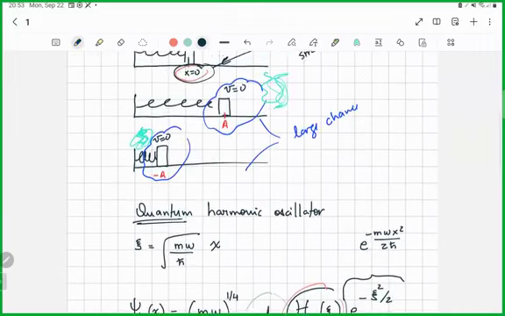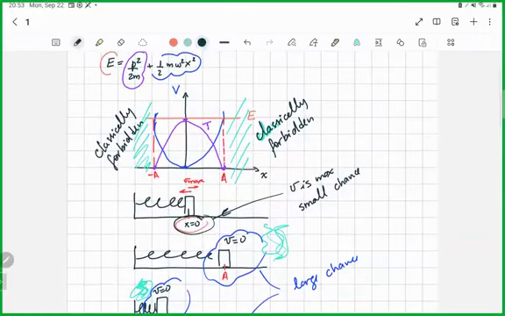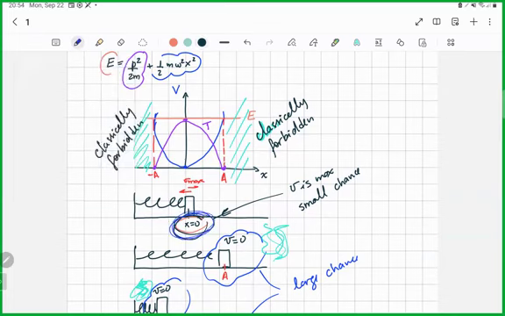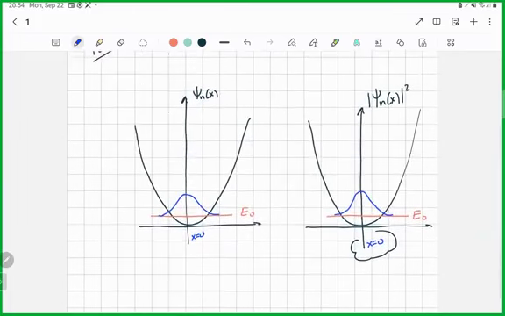This is just the opposite from what we said when we were dealing with the classical case. We said that at this position, so at x0, where the velocity is so large, we have the smallest chance to find the particle. Well, in quantum mechanics, if we are in the ground state, at x0, we have the highest probability. See, completely different.